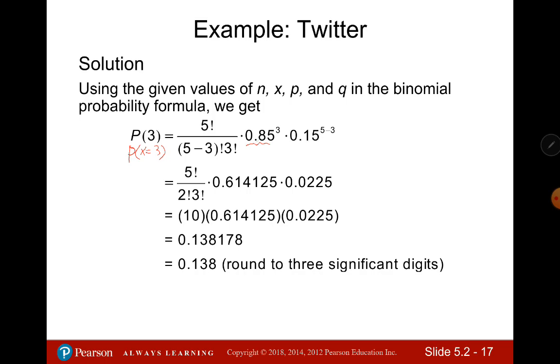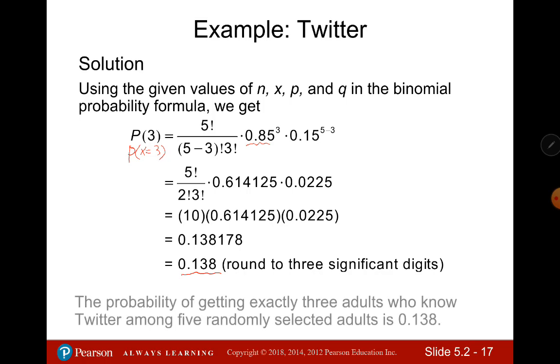So again, success to the success power, failure to the failure power. After that, we round our answer to 3 significant digits. So this is the interpretation: the probability of getting exactly 3 adults who know Twitter among 5 adults is 0.138.